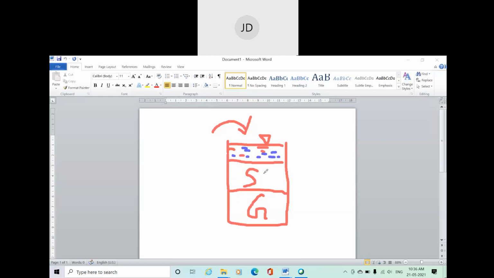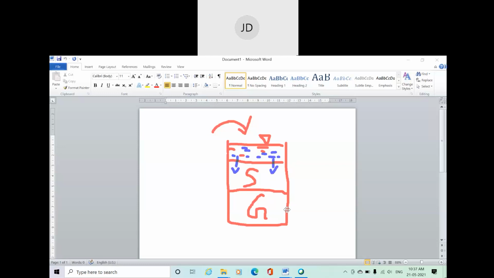At the bottom, a particular thickness of gravel can be filled. Above the gravel, you can fill sand, and above that, you can pour water. Under gravity, you can allow water to pass through it. So it's a kind of gravity filter. Water is allowed to go through due to gravity. Okay, fine.